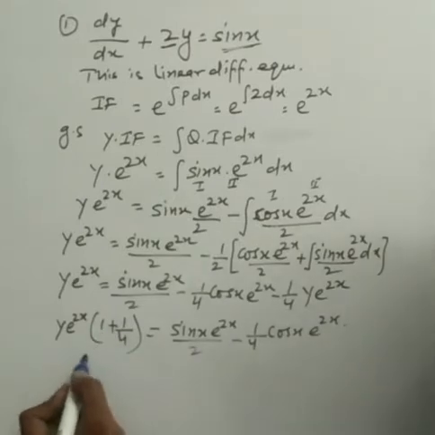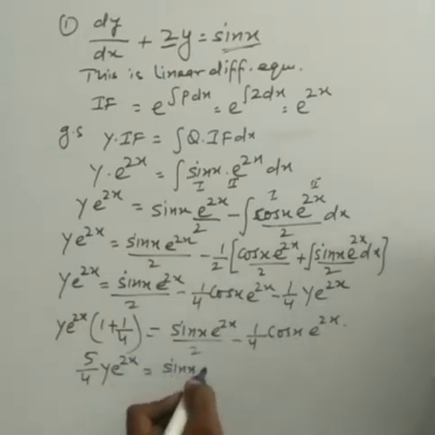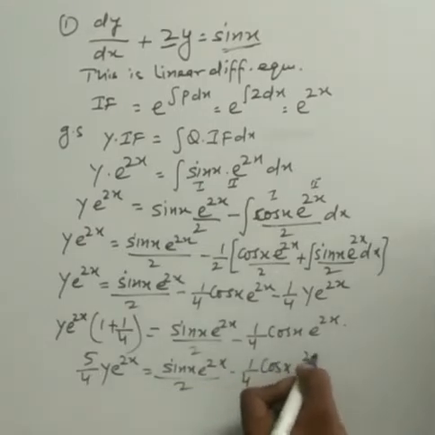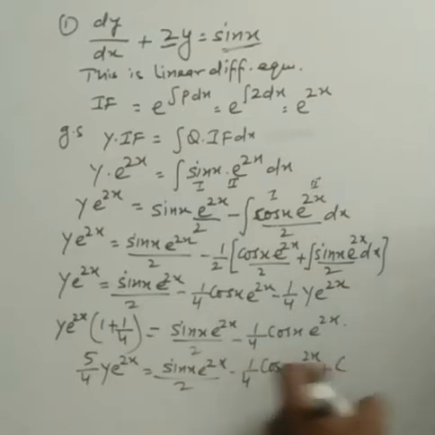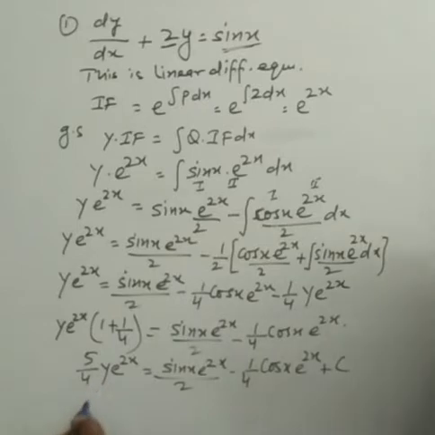Adding these two, we get 5 upon 4. So y e power 2x equals sin x e power 2x upon 2 minus 1 upon 4 cos x e power 2x plus C. Now shift the constant term and this factor to this side.